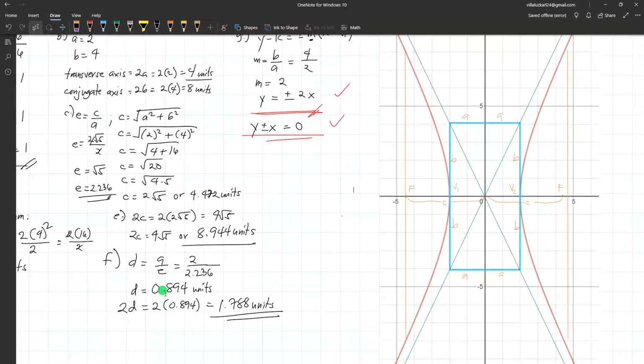We shall locate that, and I think it's right over here, 0.894, somewhere here.